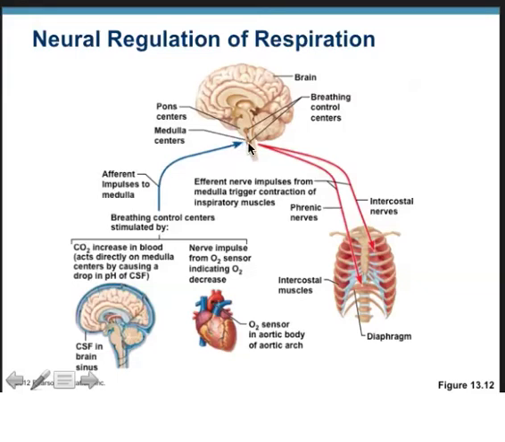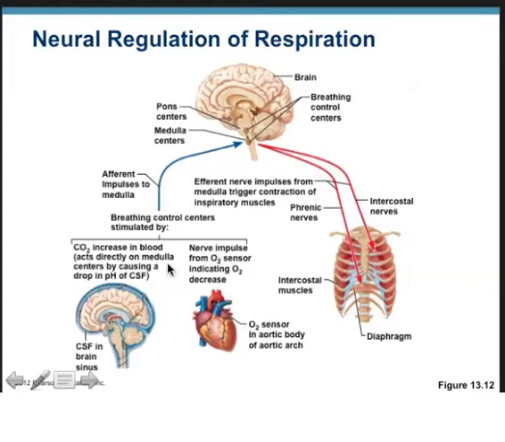The medulla, in turn, is going to innervate the phrenic and the intercostal muscles. You can see here and here, and that's going to accelerate the breathing rate. Okay, and again, this will be modulated by influences from the pons, that part of the brainstem that sits right above the medulla oblongata.